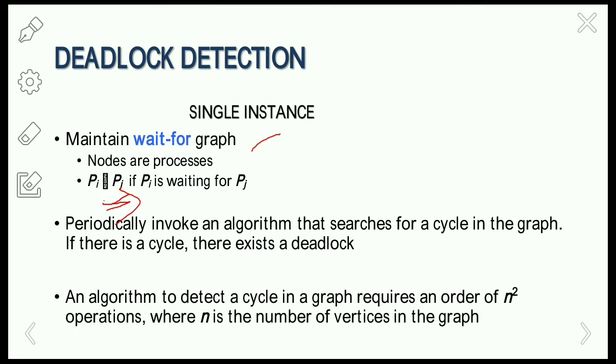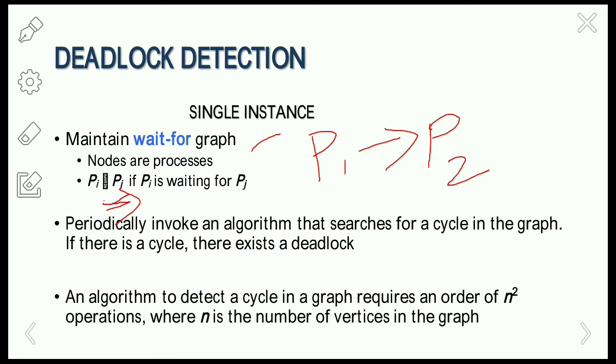Suppose the process P1 is waiting for a resource which is held by the process P2, then it is represented as an edge from P1 to P2. That means P1 is waiting for the resource which is held by the process P2. We are not representing any resource in the wait-for graph. It is a modified version of the resource allocation graph, we can say.